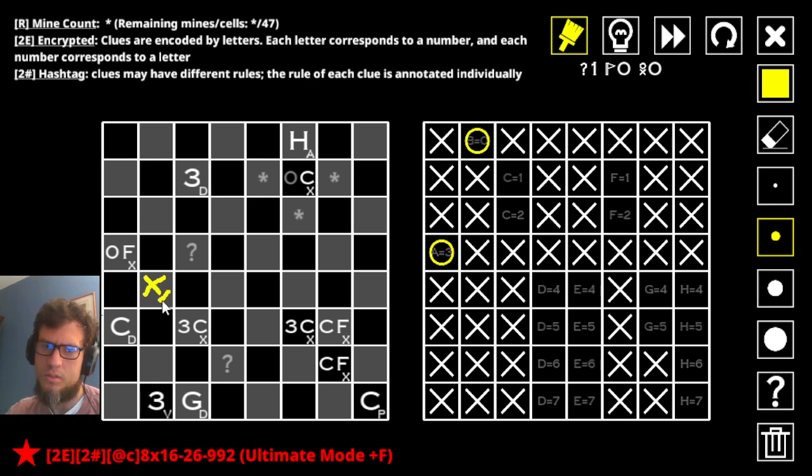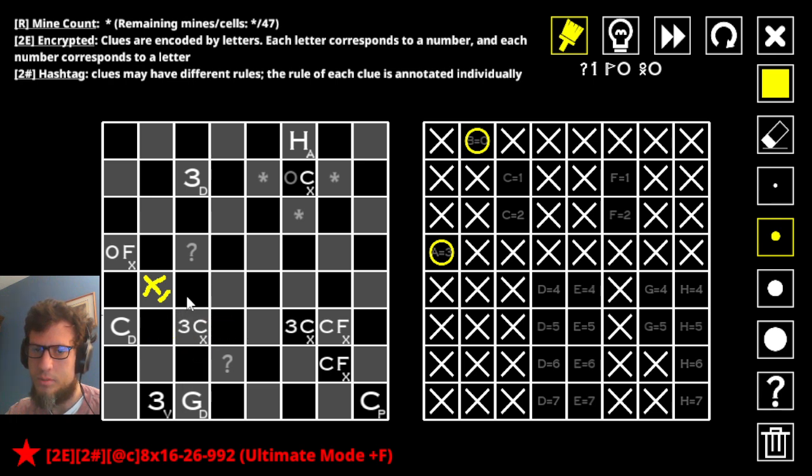Probably this is what causes problems, is my guess. Because of this G, you need at least 2 of these to be mines, right?